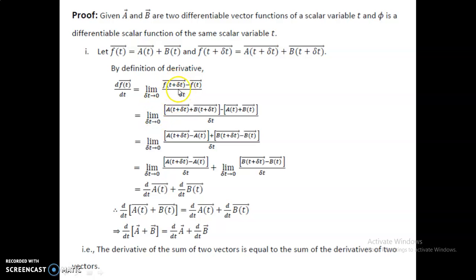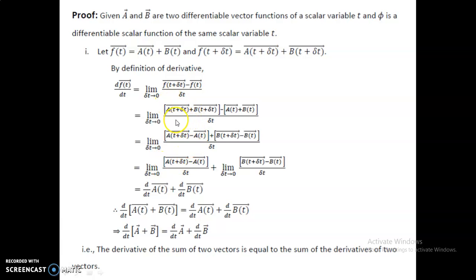Just we can make use of this here, as we have taken f of t plus delta t is a of t plus delta t plus b of t plus delta t, then minus f of t, which is a of t plus b of t, divided by delta t. By grouping, that is the definition of the derivative here.